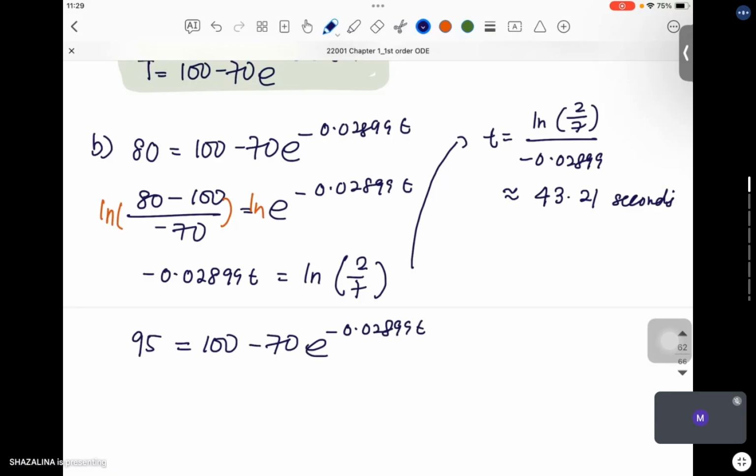0.02899 t. So 95 minus 100, exponent, okay, ln both sides.